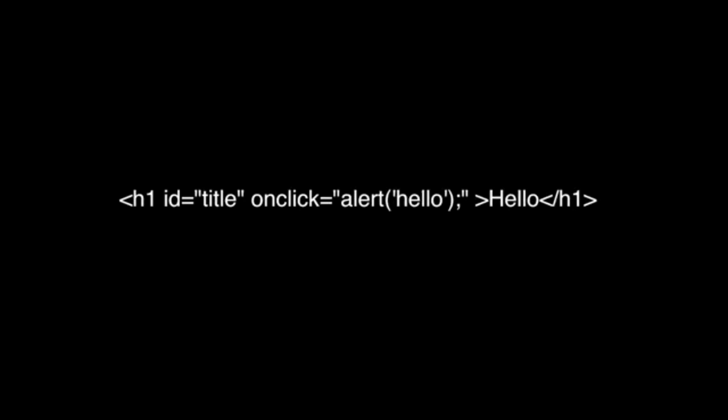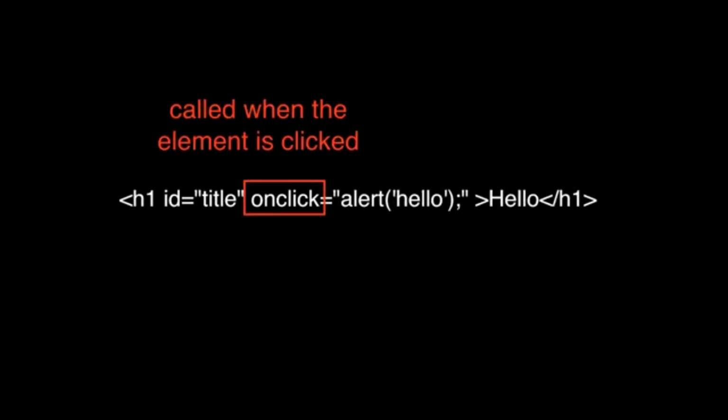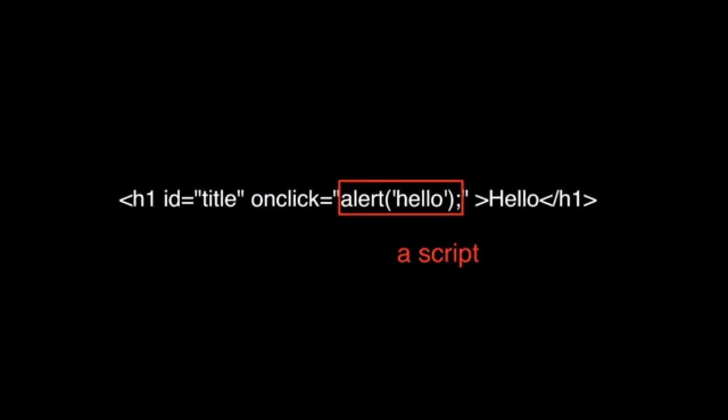So why can't we do that? Let's recap what we've done before. We've got our HTML tag, which has got our on-click attribute, and we've got a script in here. If we want to make the script more complex, we need to add more and more JavaScript. But it's going to look really clunky to have a load of JavaScript inside a single HTML attribute.